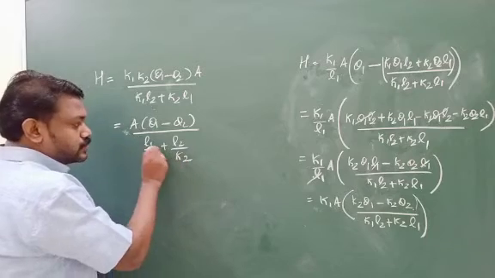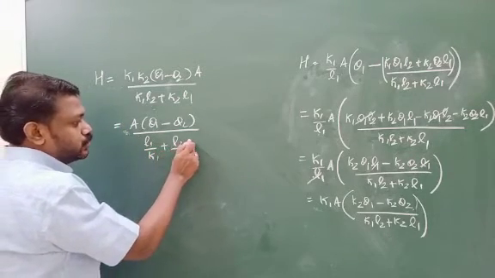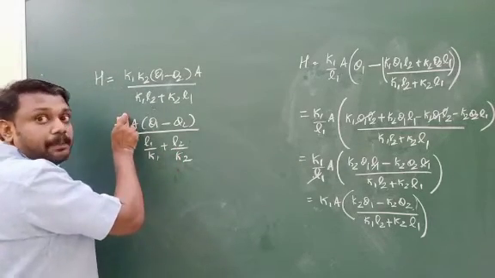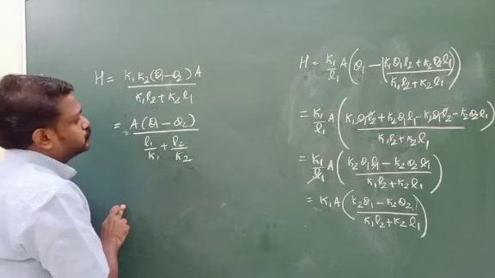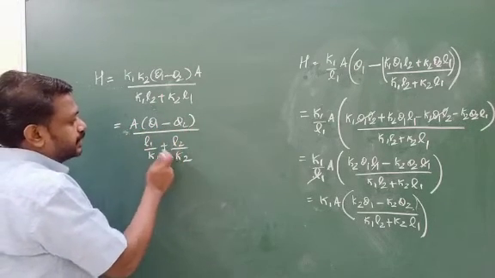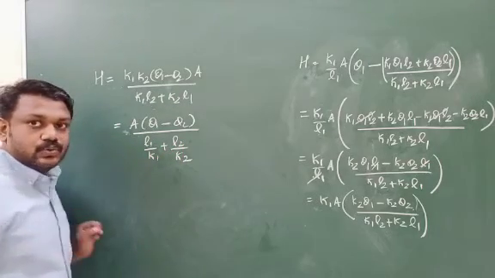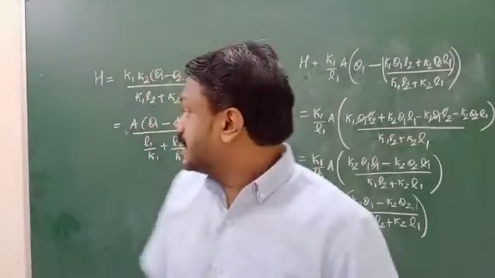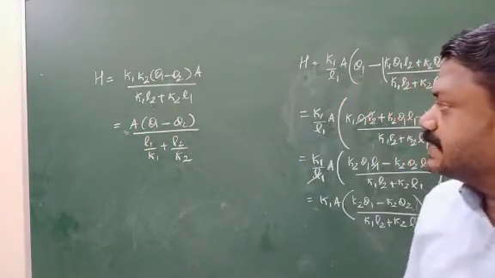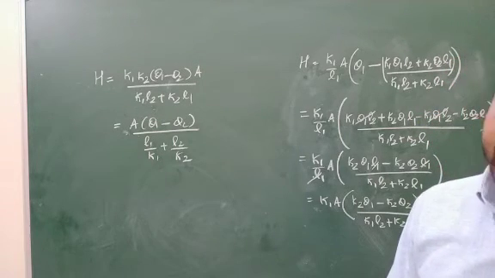When you are cross multiplying the denominator, you get L1 K2 plus K1 L2 divided by K1 K2. That K1 K2 goes up, so you can write it as K1 K2 A into (theta 1 minus theta 2) divided by L1 K2 plus L2 K1. So you can write that equation as H is equal to A into (theta 1 minus theta 2) divided by L1 by K1 plus L2 by K2.